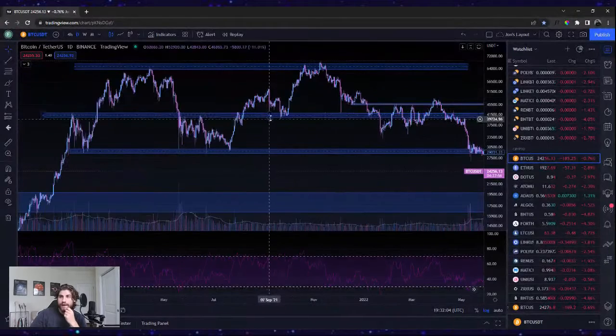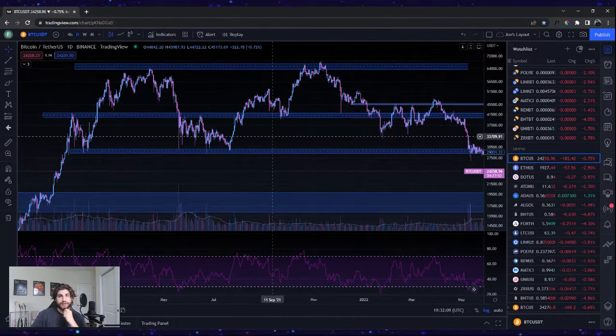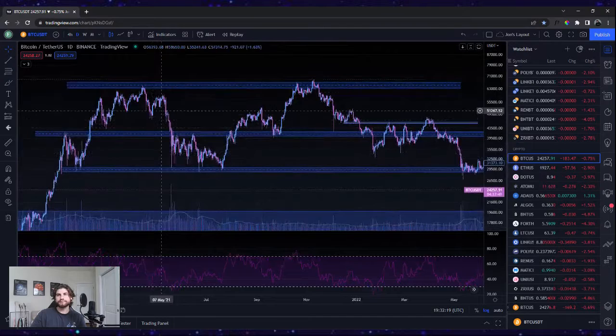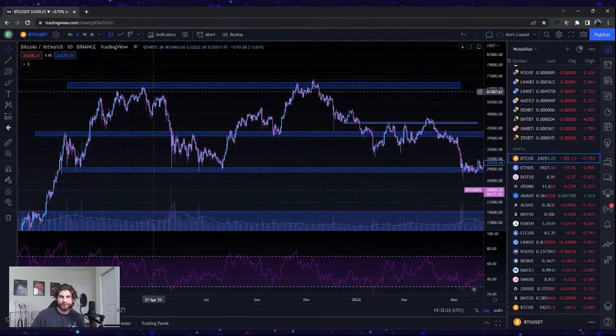So this $40,000 to $42,000 range, I considered for a long time the point of control on this range, right? So $30,000 is your long-term macro support. 70,000-ish dollars is your large macro resistance.